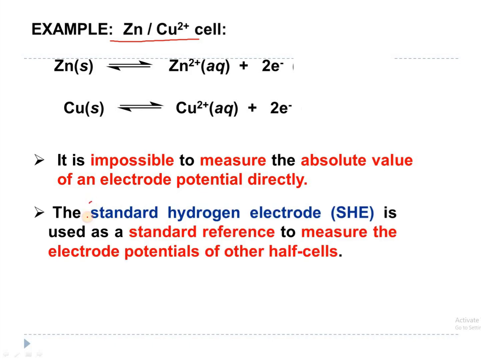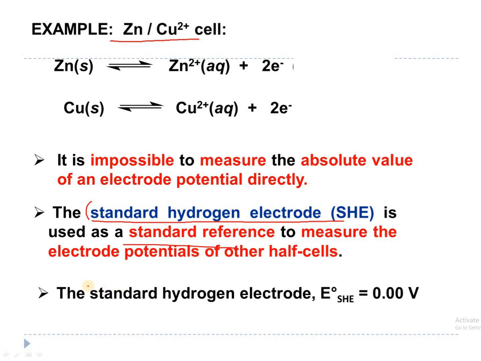So the standard hydrogen electrode, SHE, is used as a standard reference to measure the electrode potential of other half cells. For your information, for the standard hydrogen electrode, the value E0 SHE is equal to 0.00 volt.